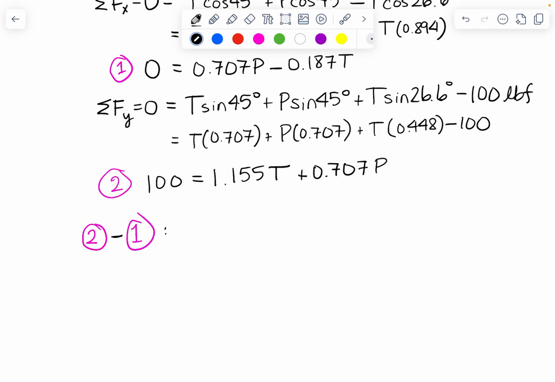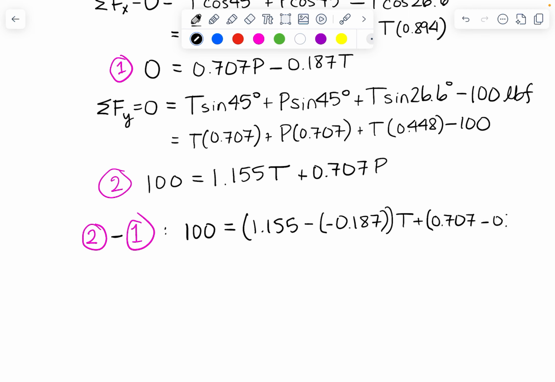So if I take equation 2 and subtract equation 1, I get 100 equals 1.155 minus negative 0.187. So these are just the coefficients in front of T, and then I get plus 0.707 minus 0.707 P, right? And then this equals 0.